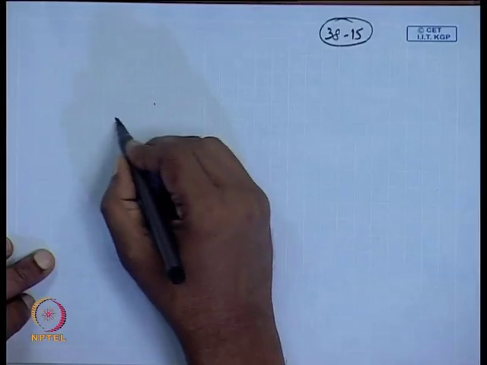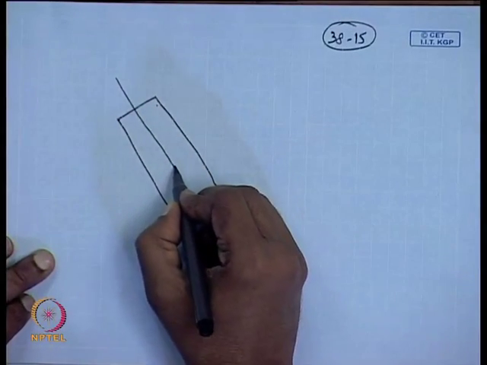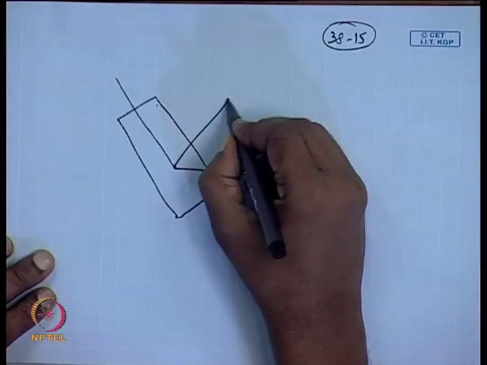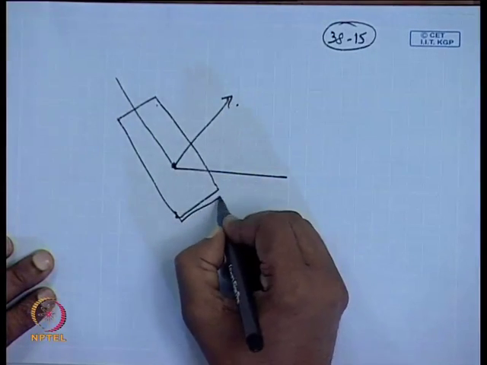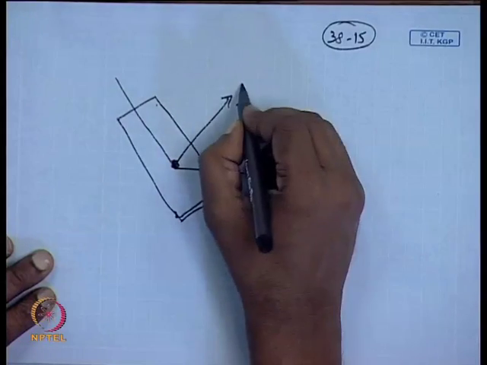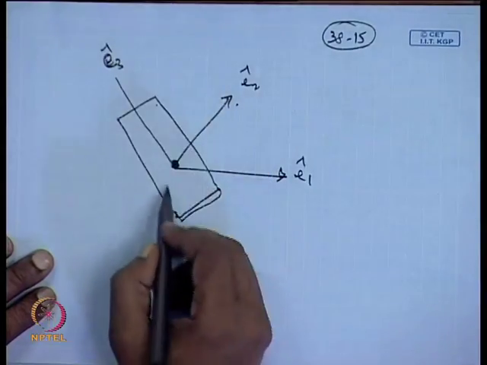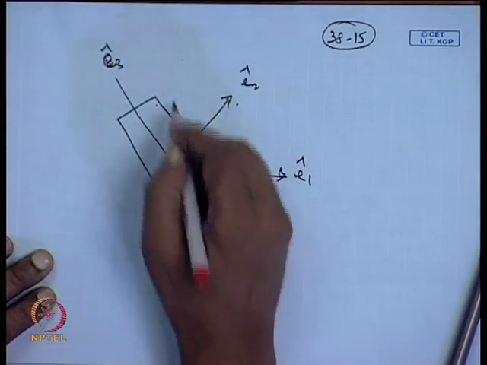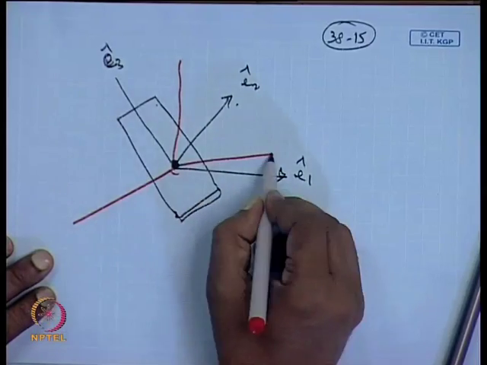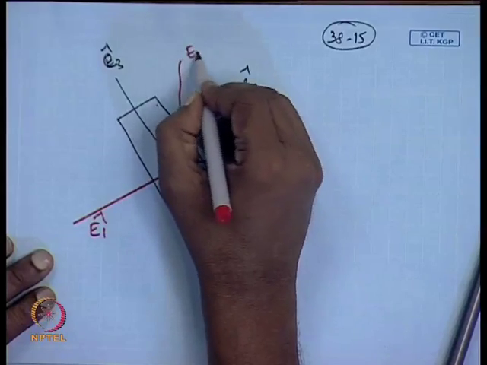So, we can have a cylinder like this. The body x can be oriented, let us say one along this direction, another along this direction. This is the center of the cylinder. So, this is your E1 direction, this is E2 direction, and this is the small E3 cap direction, and the inertial axes you can show along any of the 3 directions, like the E1 cap, E2 cap, and E3 cap.